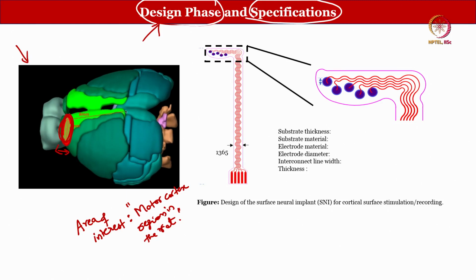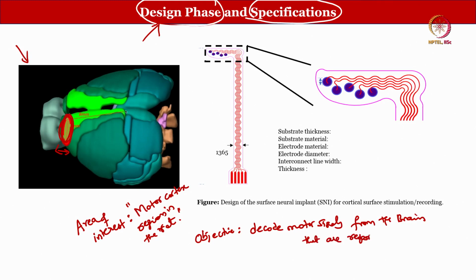Now, the objective is to decode motor signals from the brain that are responsible for forelimb movement.